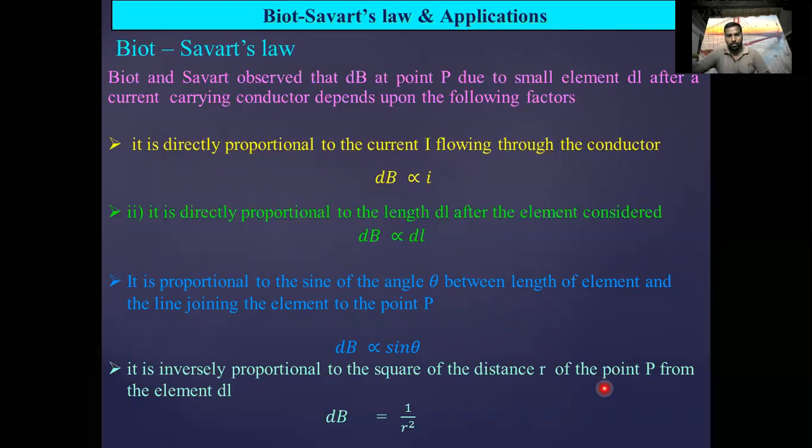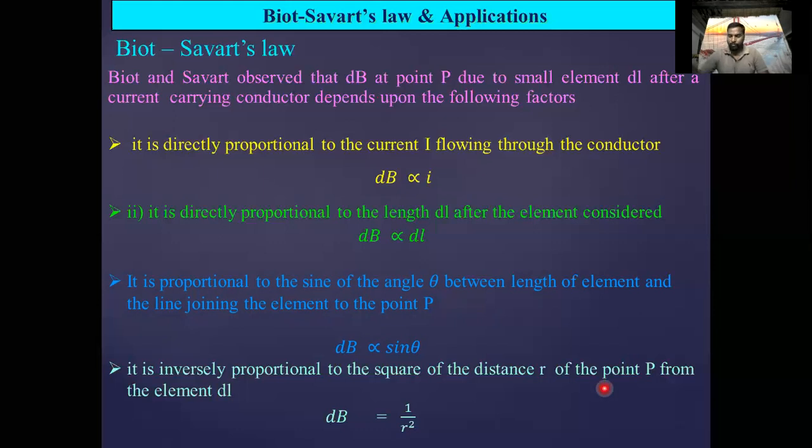If the point is far away from the conductor, the magnetic field is very weak. These are the fundamental facts observed in the Biot-Savart law to obtain the relation between current and magnetic field.